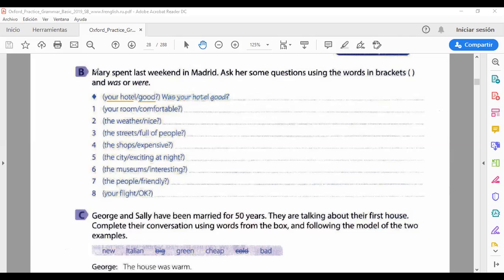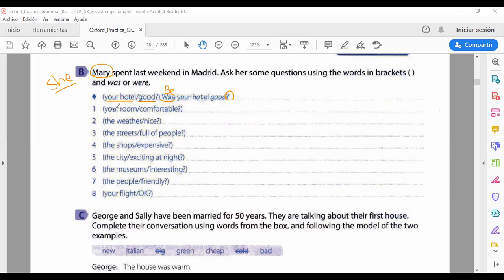Okay, now because it's saying right here that Mary is the one that was in Madrid and it's singular, I have to use was to make a question. Remember that we have to start with the form of be in the simple past.